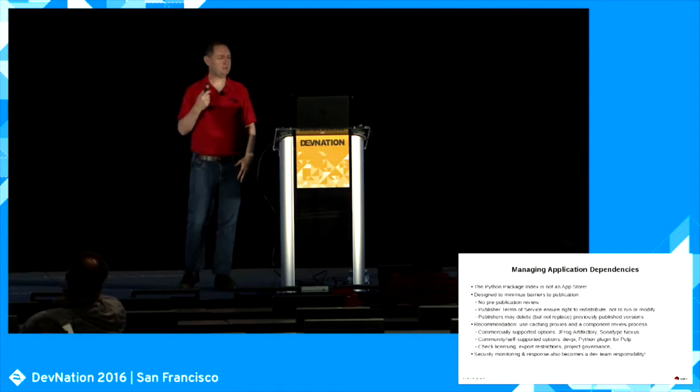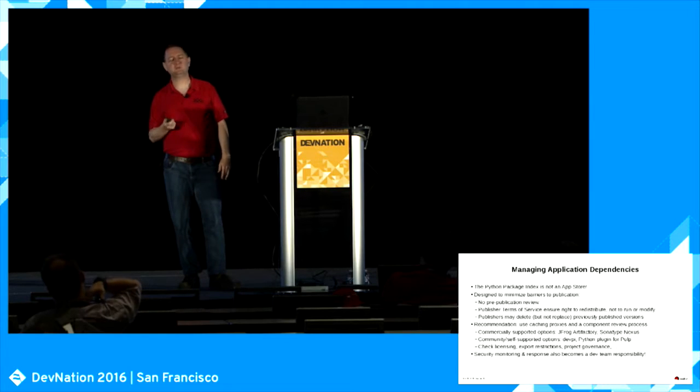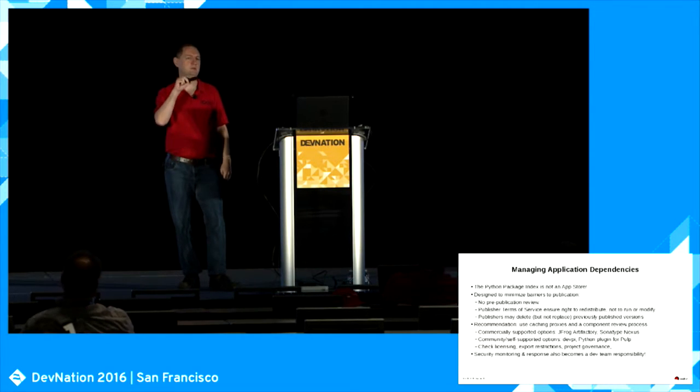And then finally, one of the other big things to keep in mind at this point as an application developer, security monitoring and response is now your problem. You can't just say that's an ops problem now because those application dependencies that you're bringing in with pip, security monitoring and response at that level is now your concern.